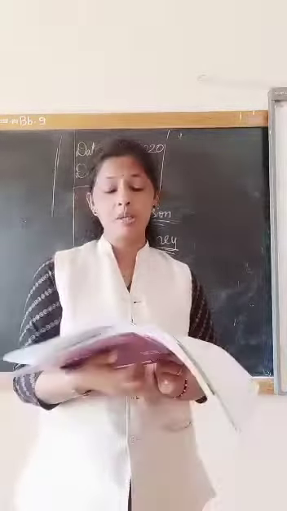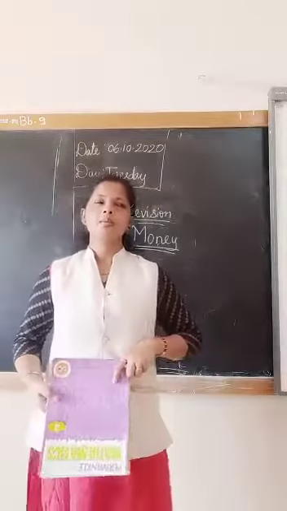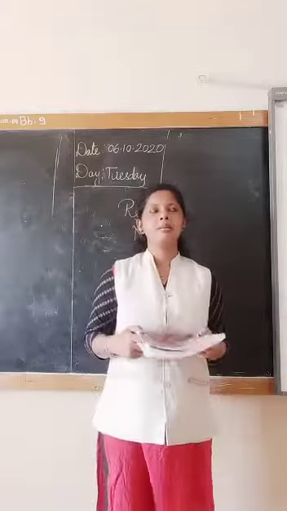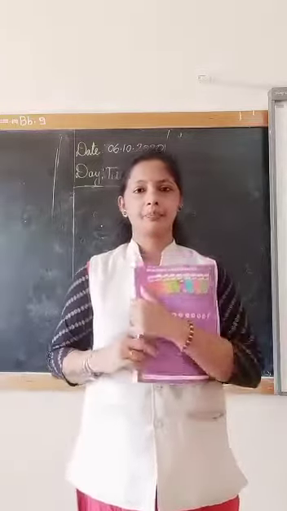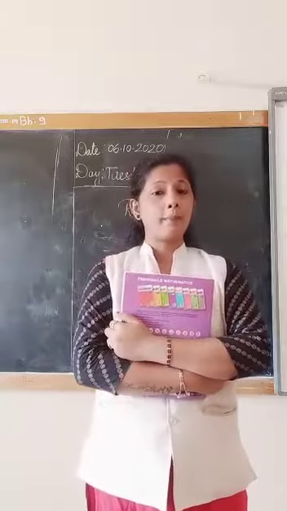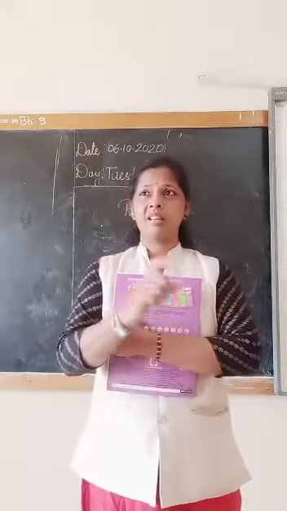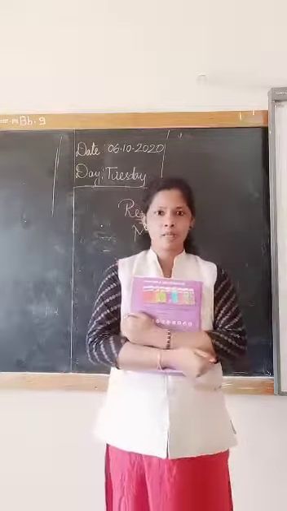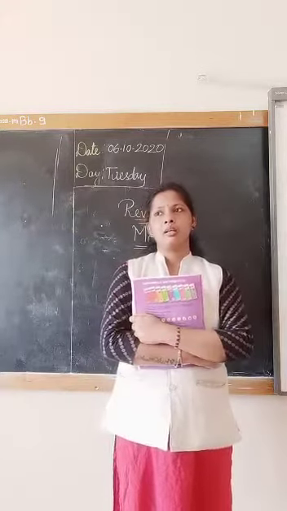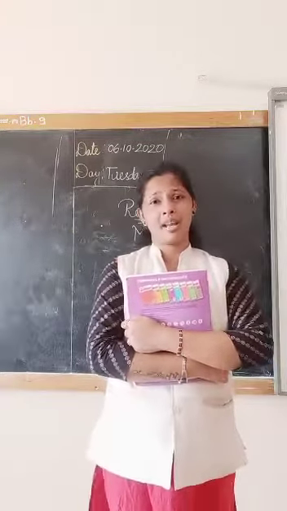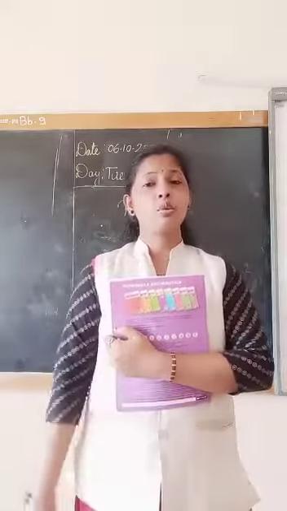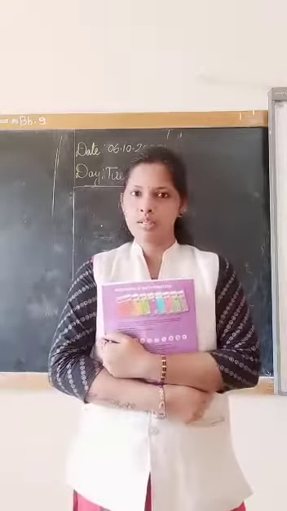And on the second page, word problems are there. If I want to explain about word problems, again it is simple. Sometimes only one operation will be there, either addition or subtraction. For example, Aman had rupees 500 and Roshan had rupees 400. What is the total amount they both have? Total means addition.